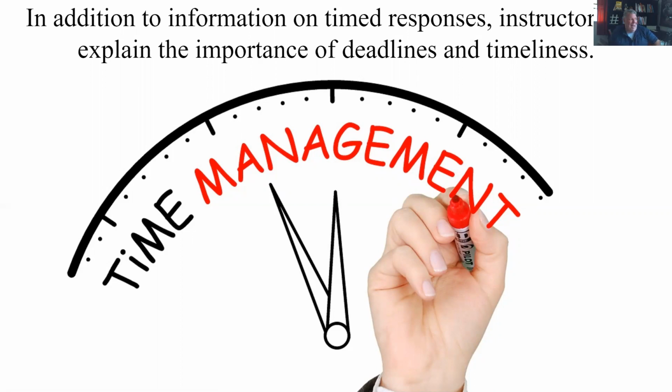Also, in addition to having timed tests, you may think that I don't think deadlines and timeliness are important, right? Actually, I do. But there also has to be a balance between what is being assessed for the objective and, are we assessing a deadline? But deadlines can also be woven into your objectives, right?